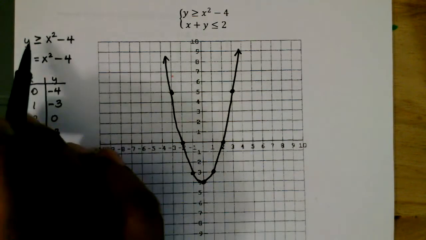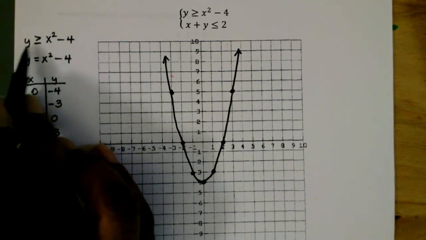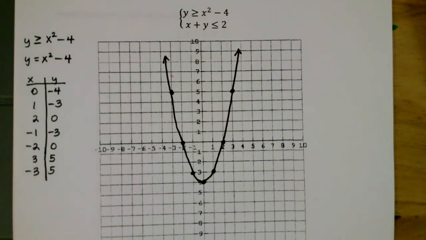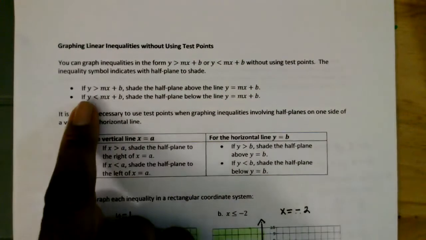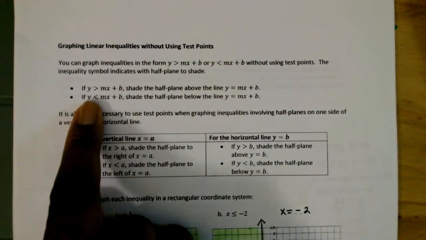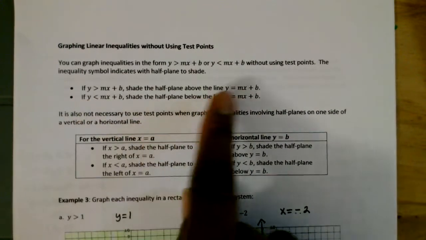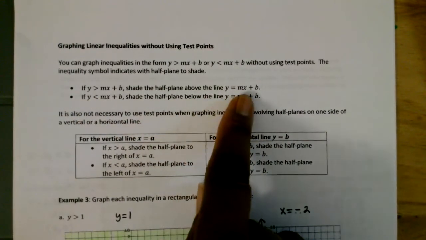Now notice something here in this equation. y is greater than or equal to. If you recall, back to our notes here, if you have something like this, y is greater than whatever, you shade the half plane above that line.